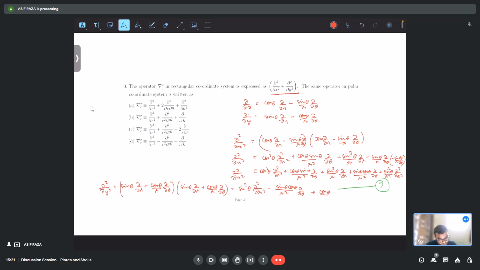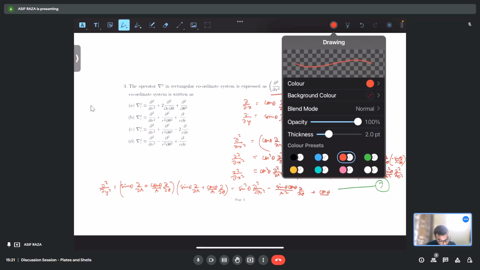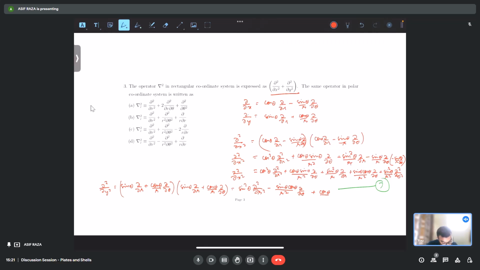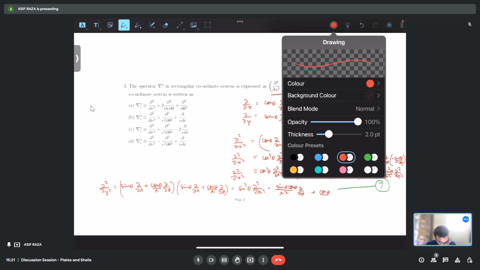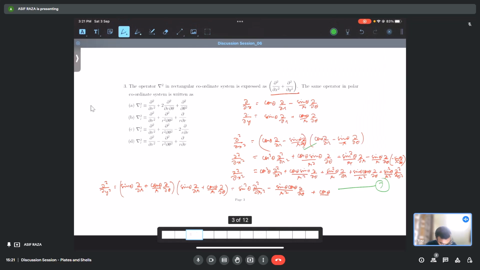Okay, there is one mistake. Here it will be one more term. See, this theta operates on this, theta will operate on this, and this will give me two terms, and this will have one more term.